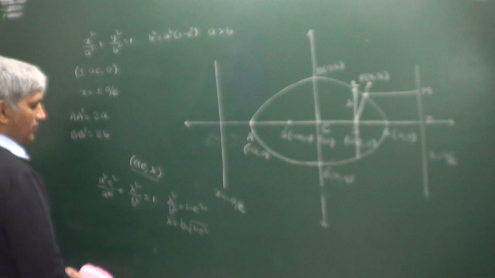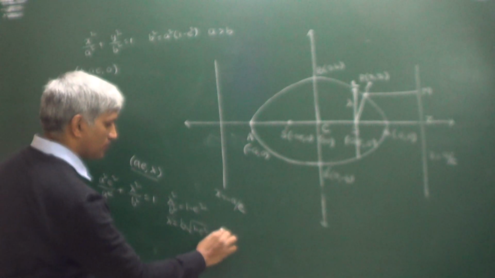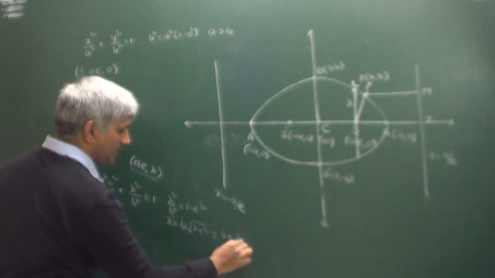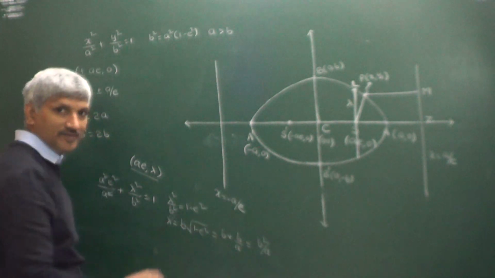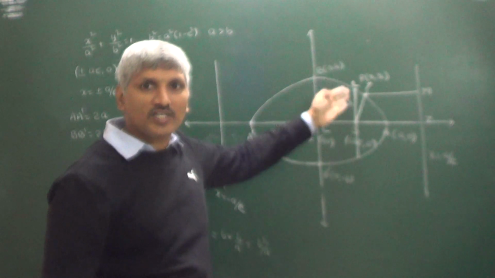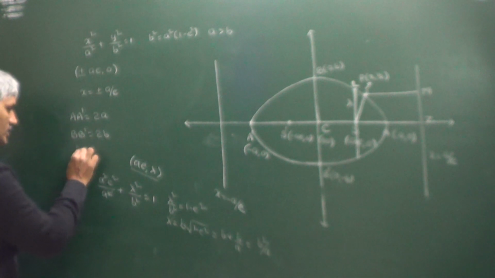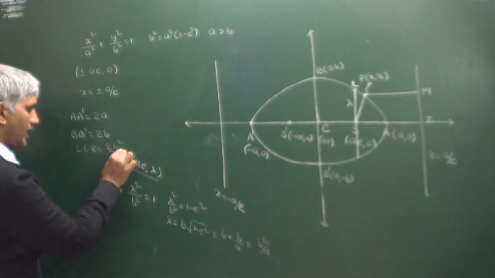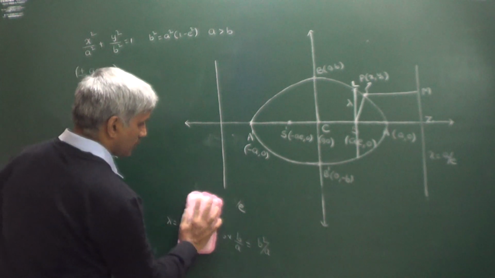Now in place of √(1 - e²), what can we write? b/a. So lambda becomes b times b/a, that is b²/a. This length we got is b²/a. So what can you say about the length of the latus rectum? Yes, length of the latus rectum is equal to 2b²/a.